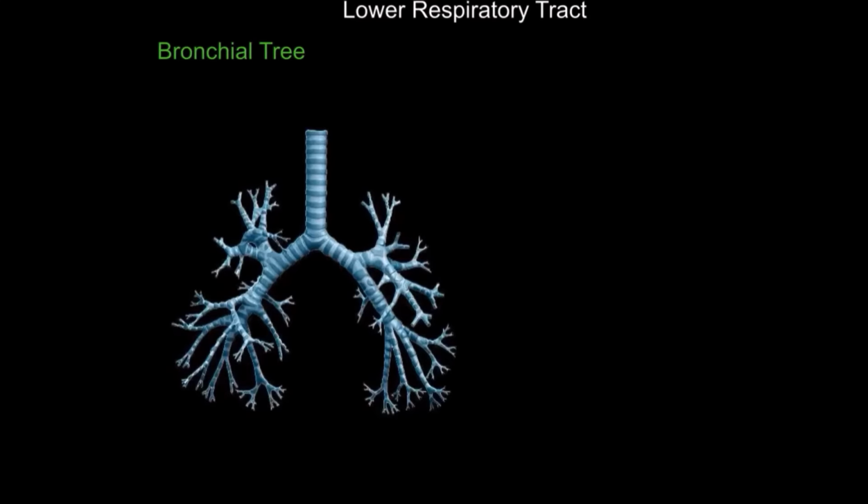After the larynx, the next structures of the lower respiratory tract are the bronchial tree. And the bronchial tree includes the trachea, the bronchi, and the divisions of the bronchi ending in the bronchioles. The first structure of the bronchial tree is the trachea.